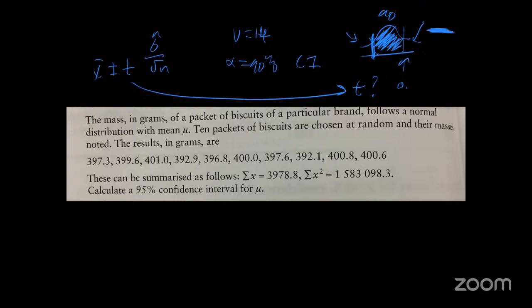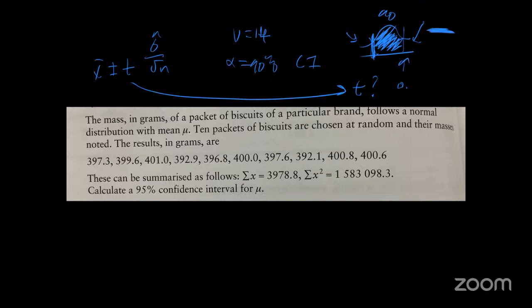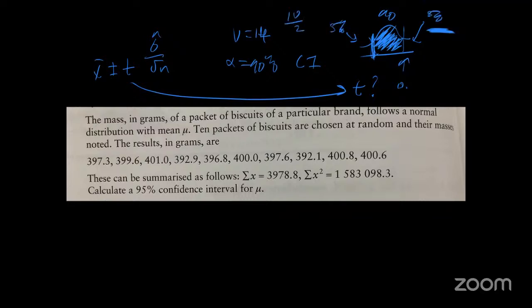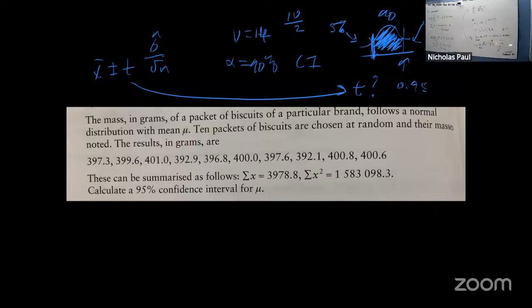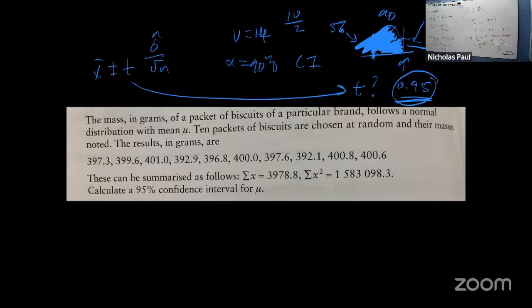So on either side is 10 divided by 2, which is 5. So the value you have to read off is 0.95. If here is 5%, then all of this is 95. You have to read off 0.95 at 14 degrees of freedom.